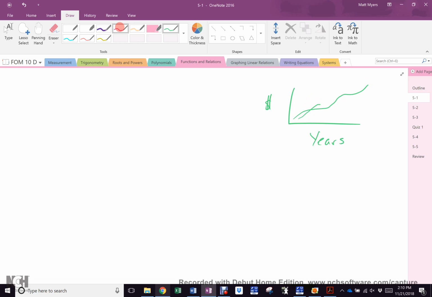Oops, I'll have to use a different color for this to work. That pink line is also rising, isn't it? And if you do not understand how statistics and functions and relations work, you might think that pink line has something to do with that green line, because they are both going up at the same rate. Yes? Okay.